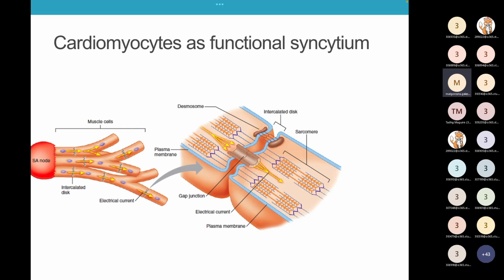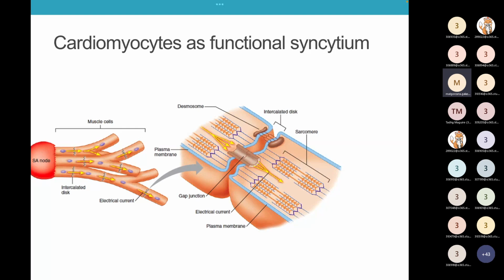The gap junction connects not only cardiomyocytes but also cardiomyocytes with the elements of the conductive system of the heart. That's why we may say that the cardiomyocytes function as one functional syncytium. So once an action potential is conducted to a single cardiomyocyte, it can propagate to all cardiomyocytes within the left or right ventricle or the left or right atrium.